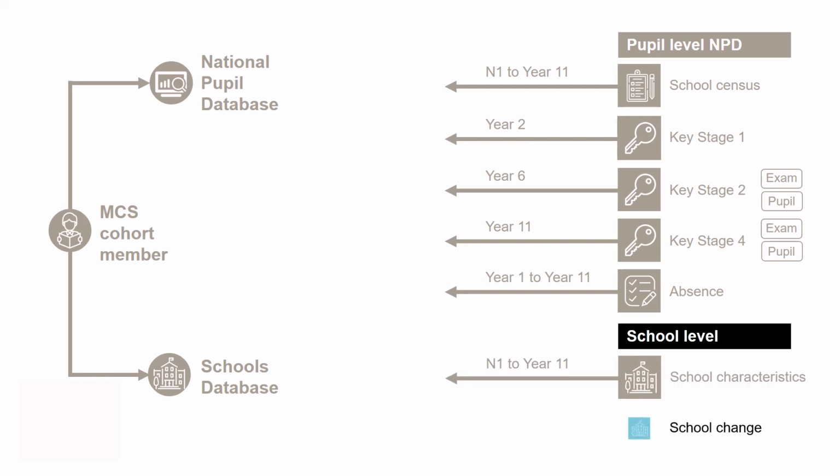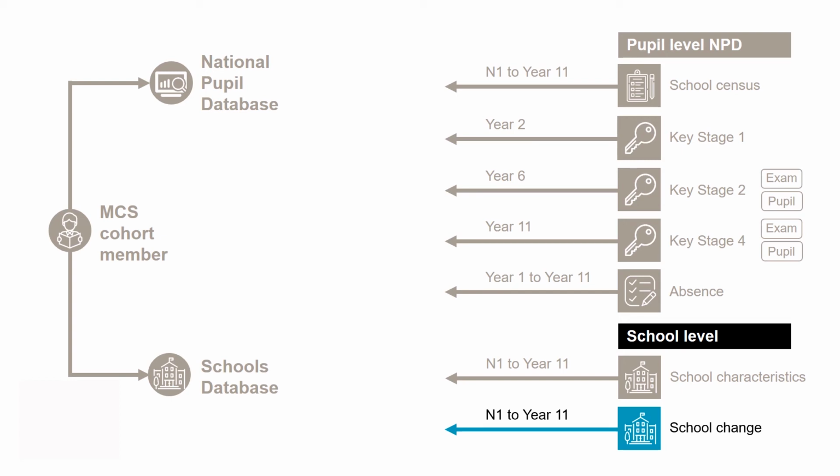The school change datasets provide details of schools which have changed their unique reference number, URN, between consecutive years. A school's URN can change for several reasons, for example due to a school merger, a split, opening, closure, or change in school status, for example from a foundation school to an academy.